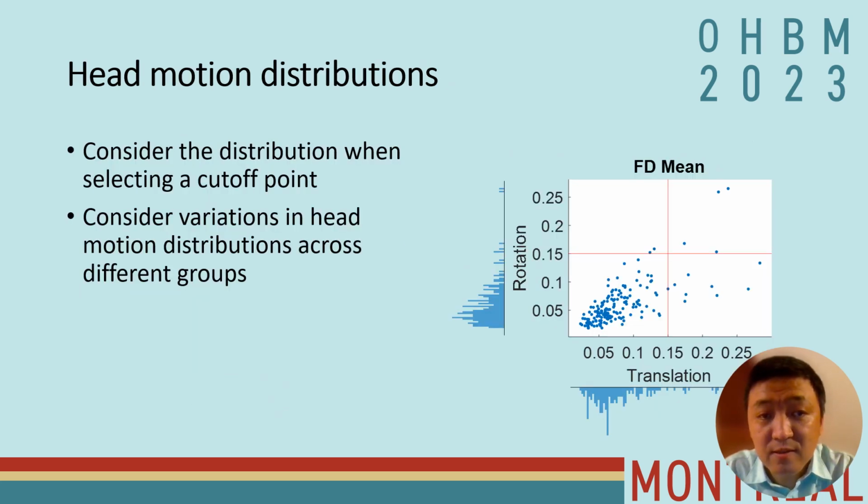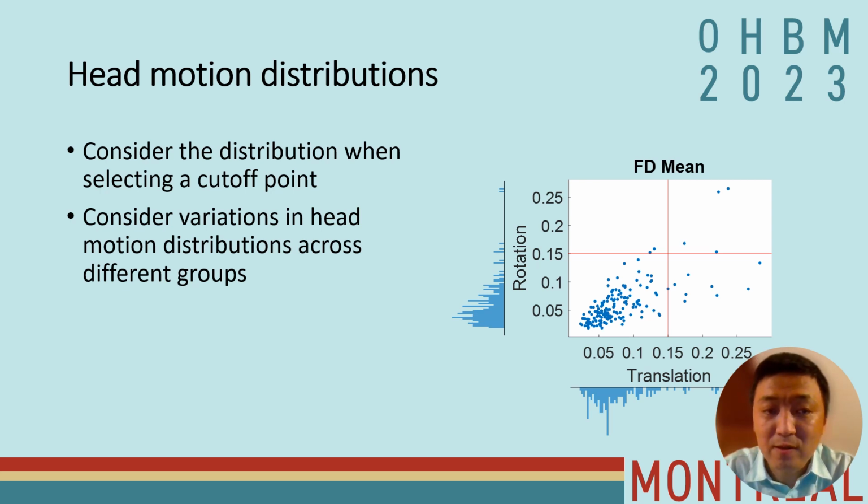Lastly, in addition to considering removing time points or removing subjects based on some criteria, it is important to consider this issue as a whole, to consider the distributions of head motion across different subjects. I feel it is very important because whenever we have a predefined threshold, it is supposed to remove only a few subjects or only outlier subjects.